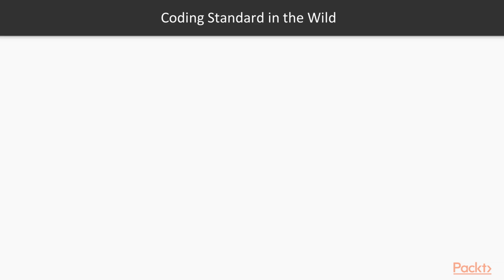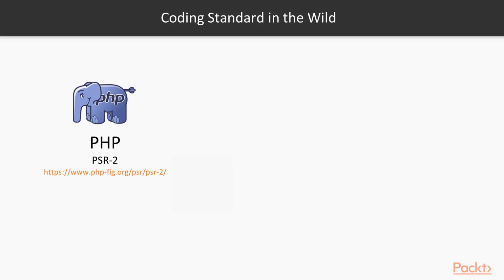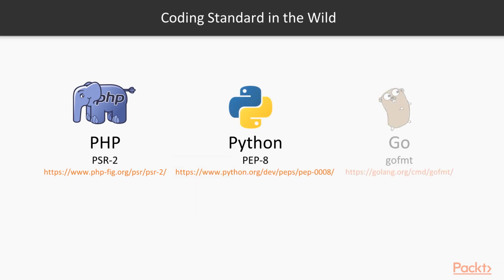For this reason, many programming languages have predefined sets of coding standards that are followed by a wide range of projects. For example, PHP has PSR-2, Python has PEP 8, and Go has the gofmt standard.